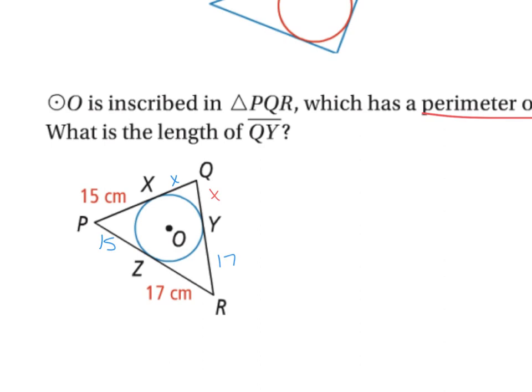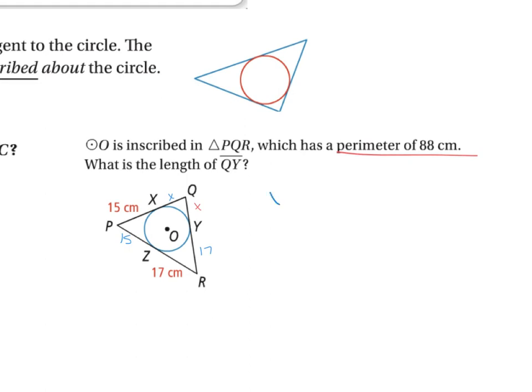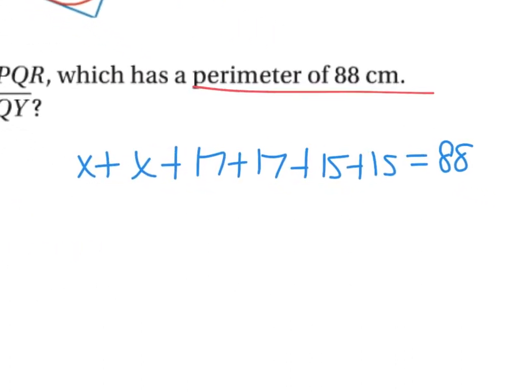Okay, so we have all of the pieces labeled, and we know what they equal, so let's just set up a big equation. So I'm going to have X plus 17 plus 17 plus 15 plus 15. All of that is going to equal my total, which they told us was 88. All right, now we have just a big equation, so let's solve it.